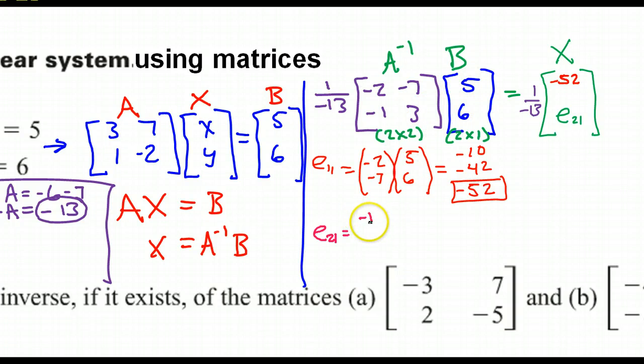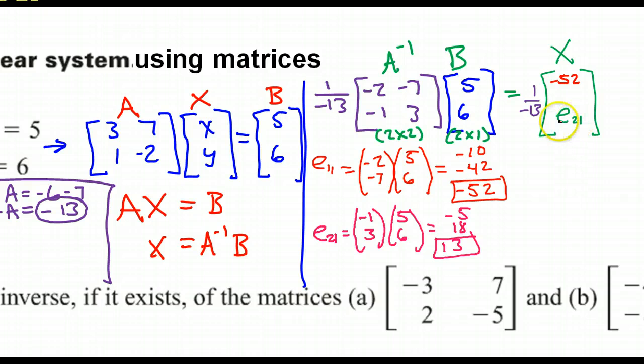So that's negative 1, 3, and good old column 1, which is 5, 6. That gives me negative 5 and 18, which is 13. So that's element 2,1 that we just found.